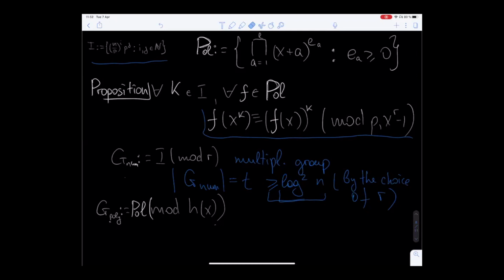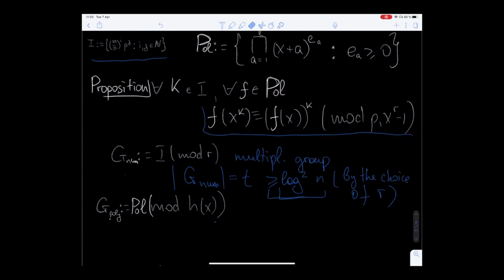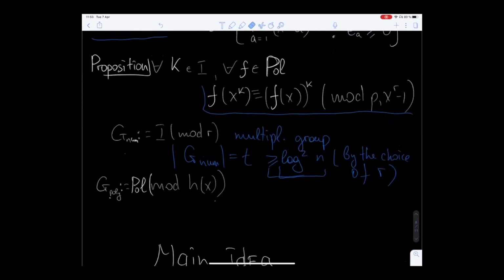The next thing that we want is a group of polynomials, and that would be the most technical thing. We take our set of polynomials that we defined, products of (x plus a), where a ranges from 1 to L, to non-negative integer powers, and then we take it modulo some h of x, which I haven't defined, but what's important is that h of x would be irreducible.